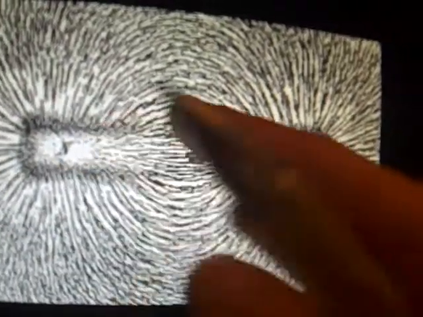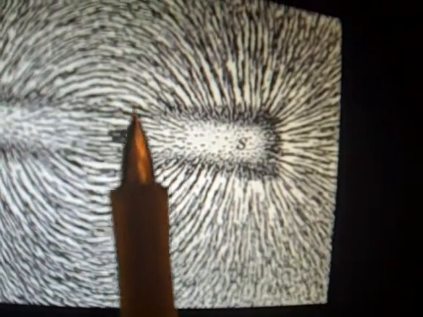This would be north, this would be south. Yeah, that's it. So just think of it as two magnets, and that they would establish these field lines to each other. And this is essentially what you have here. One magnet is essentially two magnets in terms of this middle area.